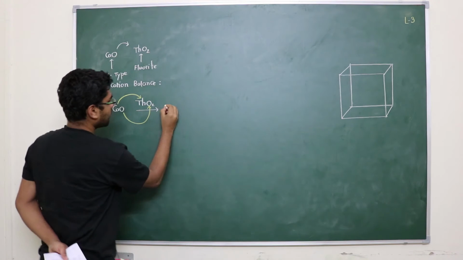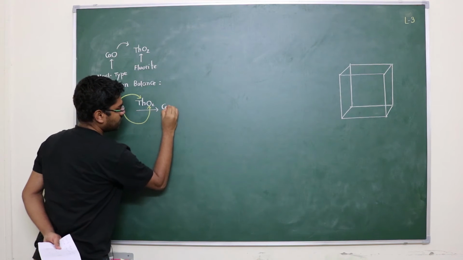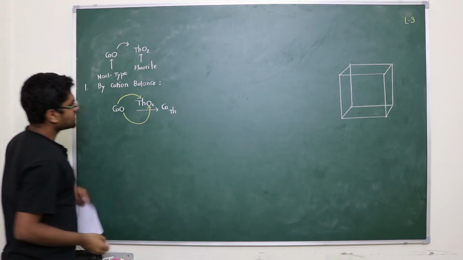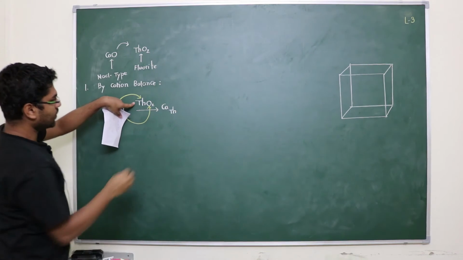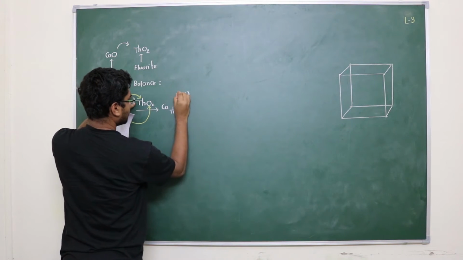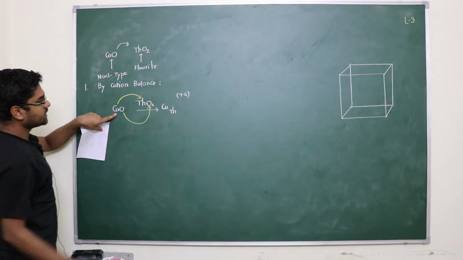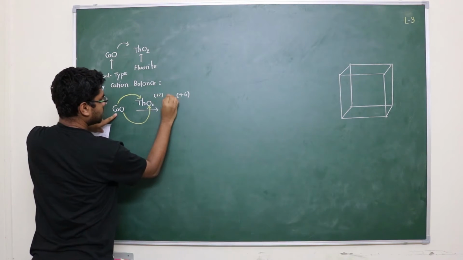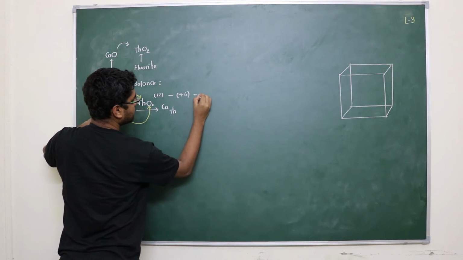So here calcium is going to thorium side. The charge of thorium is plus 4, and charge of calcium is plus 2. So this minus, it will be minus 2.